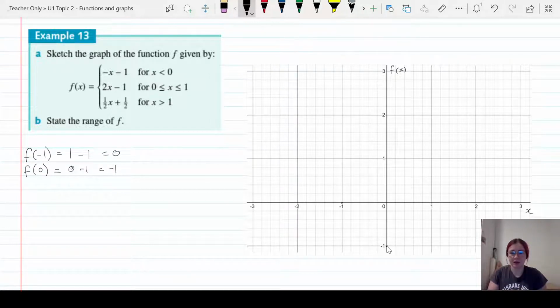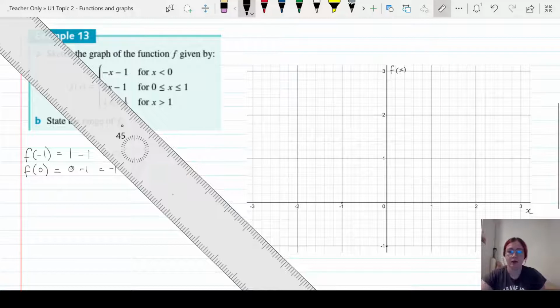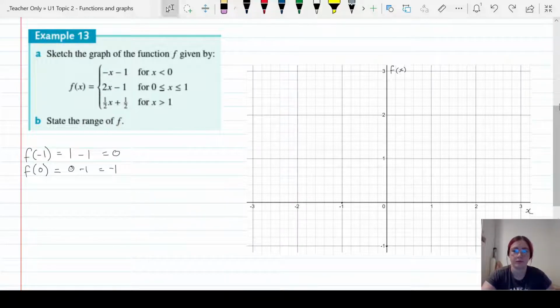So that's going to be in there. Now you would just draw a nice straight line between those 2 points. You'd use a ruler, going from those points off into the beyond.